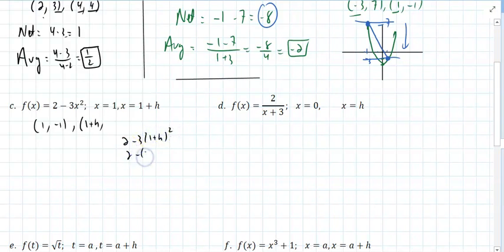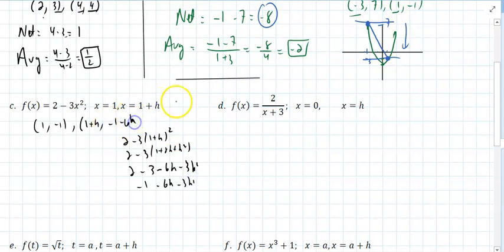That's 2 minus 3 into 1 plus 2h plus h squared. 2 minus 3 minus 6h minus 3h squared. That will be negative 1 minus 6h minus 3h squared. Now, I know that's not ideal, but this is where we're heading.